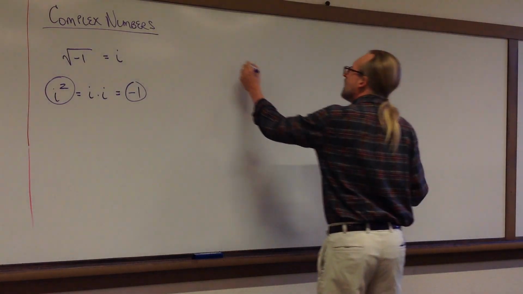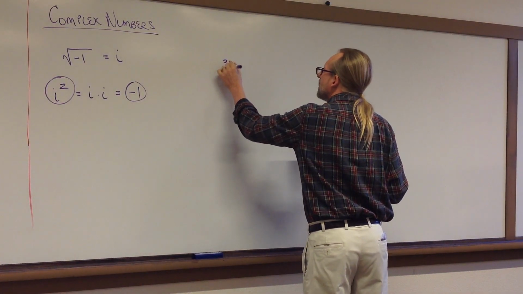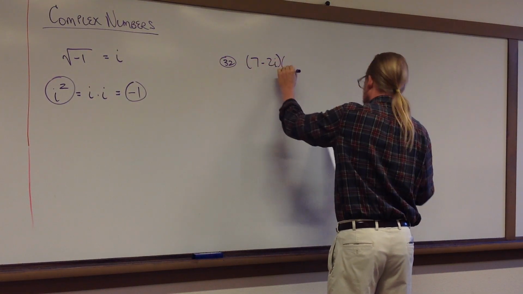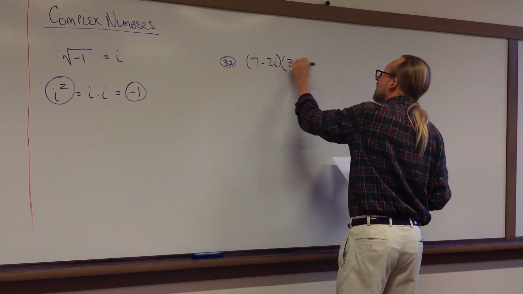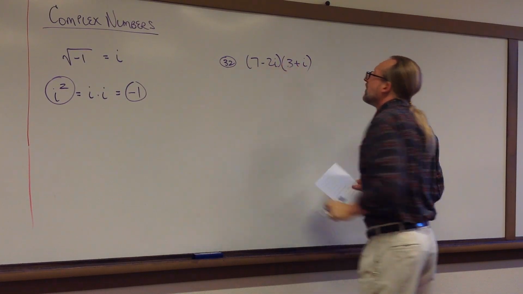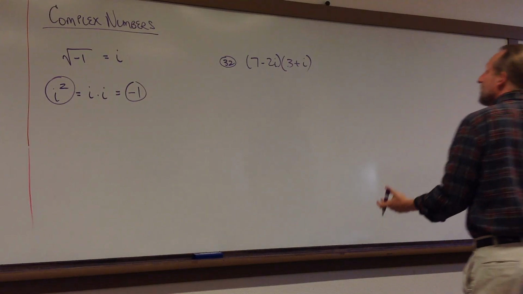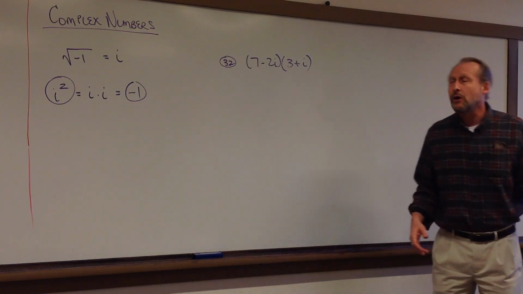Let's look at some of these multiplication problems. Problem 32, we've got 7 minus 2i times 3 plus i. So, the multiplication here works just like the multiplication in algebra, what people sometimes call FOIL, right?